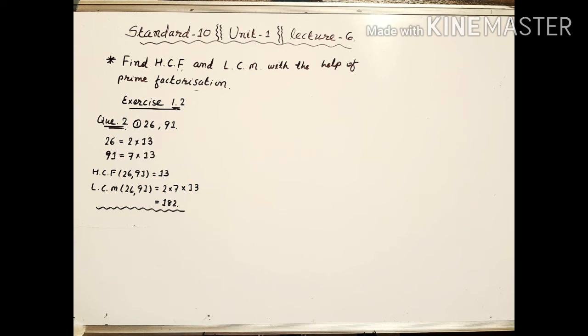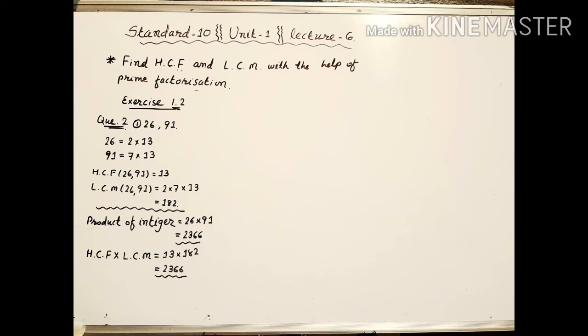Now we are asked to check that the product of integers is equal to the product of HCF and LCM. So let's check it out. The product of the integers is 26 into 91, and that is 2366. Let's find the product of HCF and LCM. The product of HCF and LCM is again 2366.